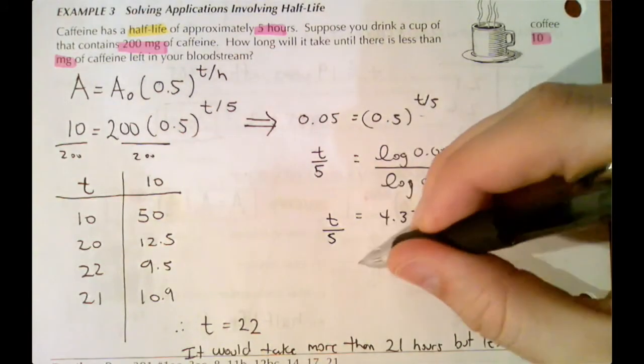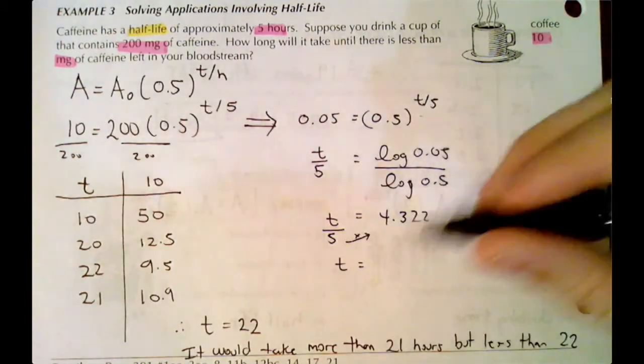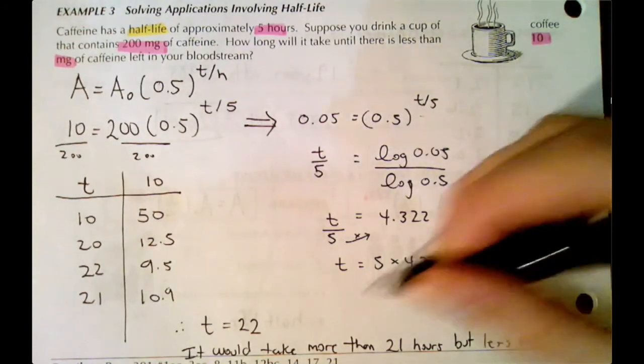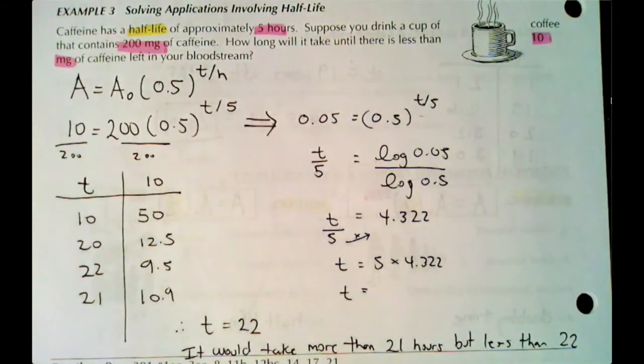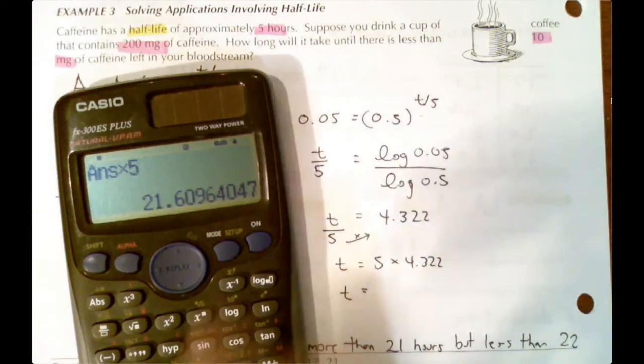And to get t by itself, we would bring that up and multiply. 5 times 4.322, which would give us 21.6.